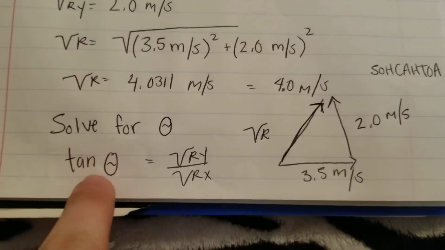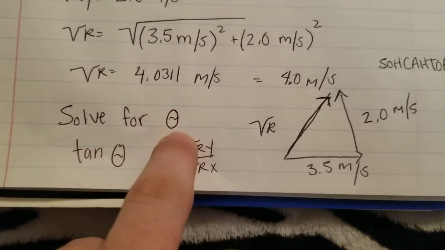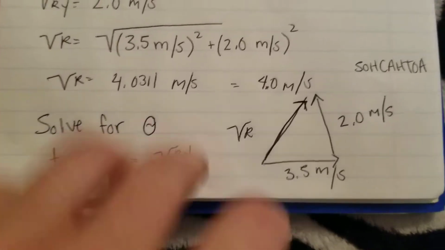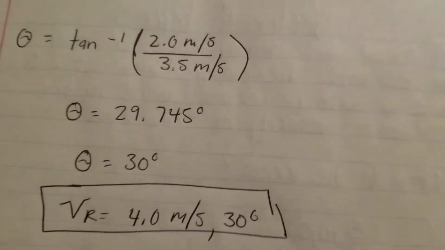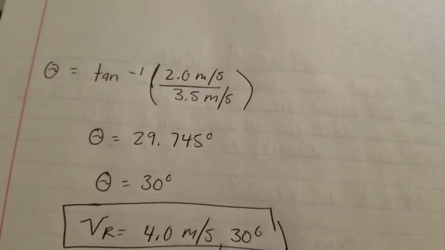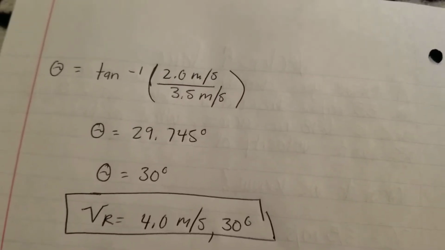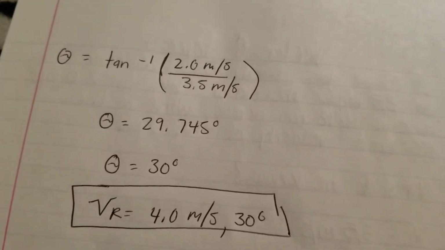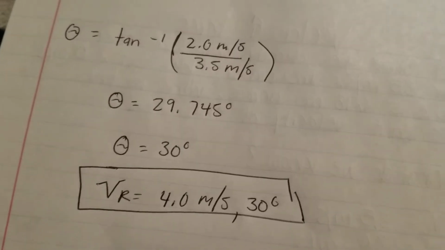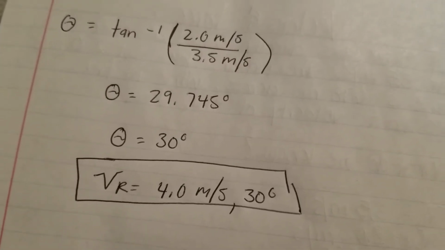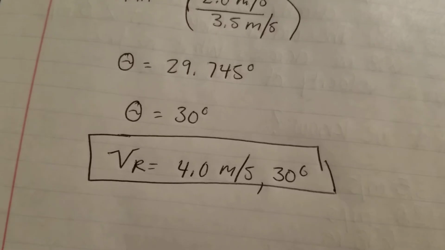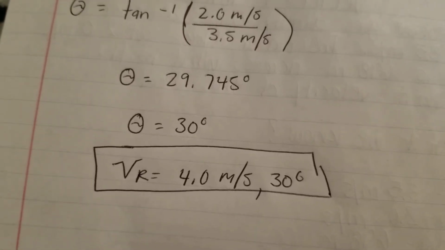So therefore, we have to solve for theta in terms of tangent. So if we plug that in, theta equals the inverse tangent of 2.0 meters per second divided by 3.5 meters per second, and we get that theta is 29.745. Rounded to the nearest whole number, theta equals 30 degrees.